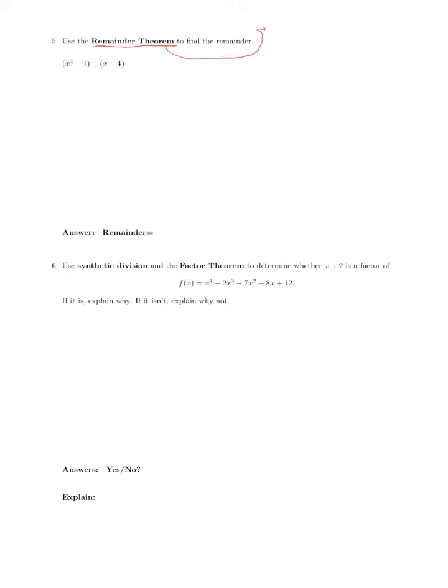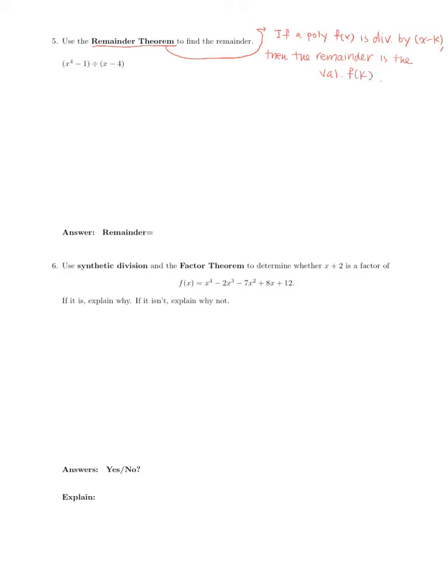So the theorem says that if a polynomial function f of x is divided by x minus k, then the remainder is going to be the value f evaluated at k. Isn't that a pretty cool theorem?